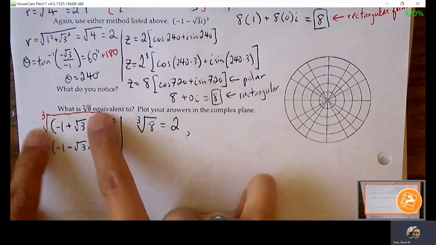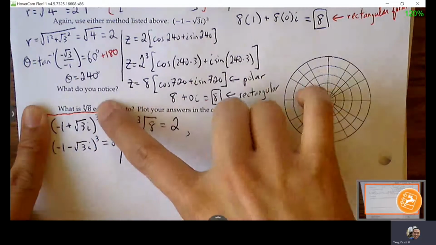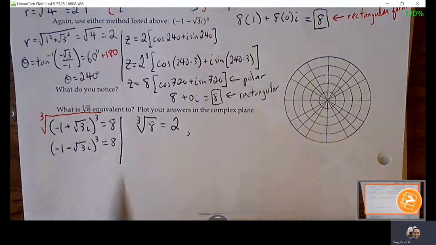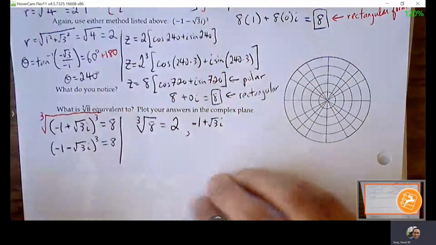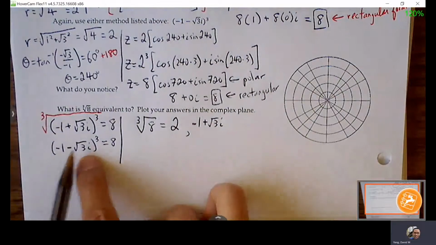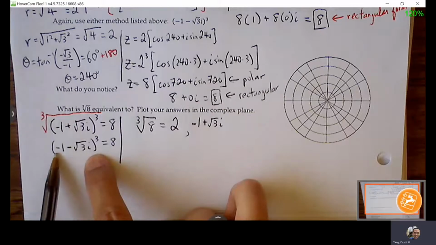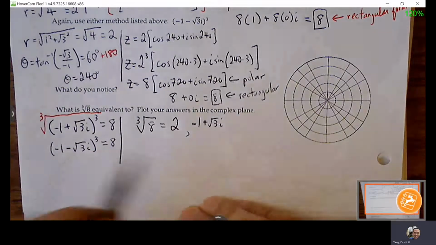If this cube power is equal to 8, if I take the cube root of that, I can just strip away that exponent. I'm just left with -1 plus root 3i. And if I know that this to the third power is equal to 8, if I take the cube root of 8, that means I can take the cube root of this expression, and that is also a representation of cube root of 8.